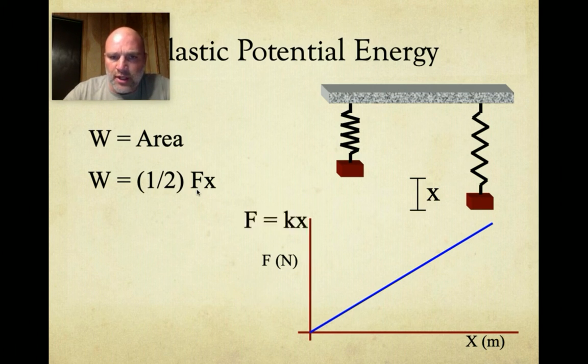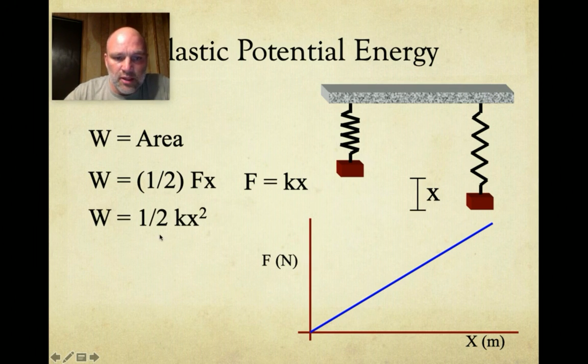Let's substitute some things. We remember from a previous chapter, way back, force acting on a spring is the spring constant times x. That's Hooke's law. We're going to substitute that right here for F, and we get this big, ugly equation, 1/2 kx squared.